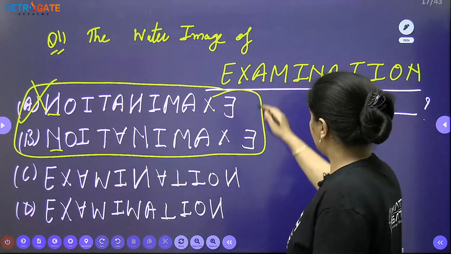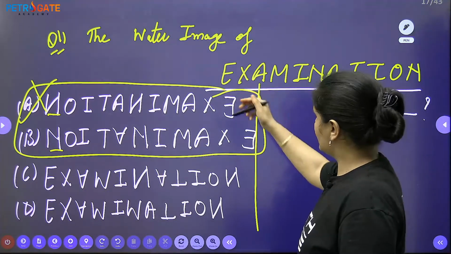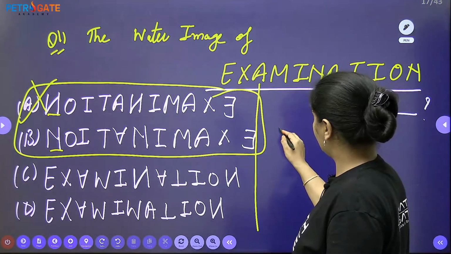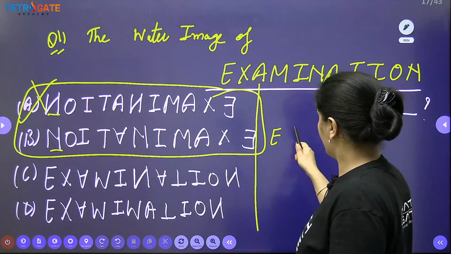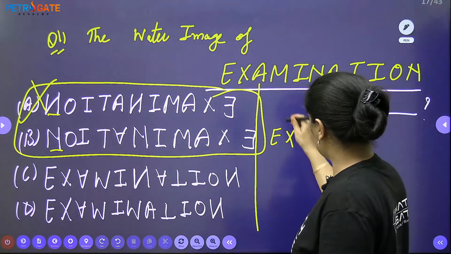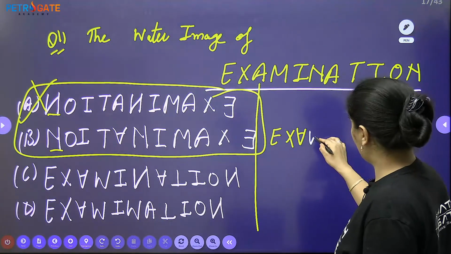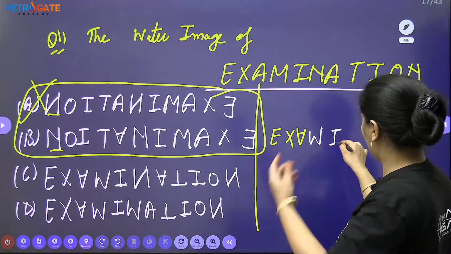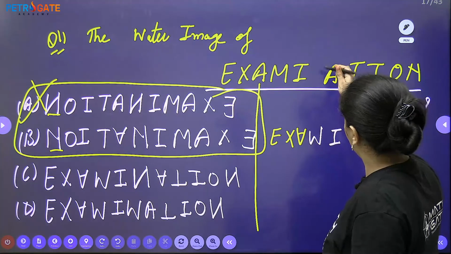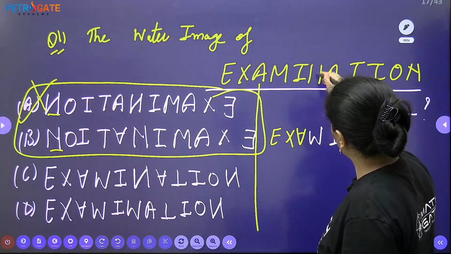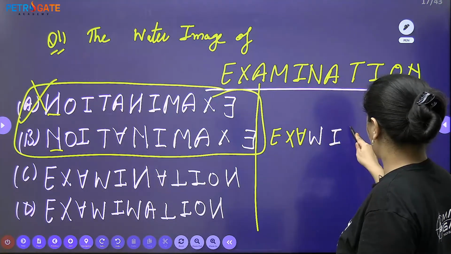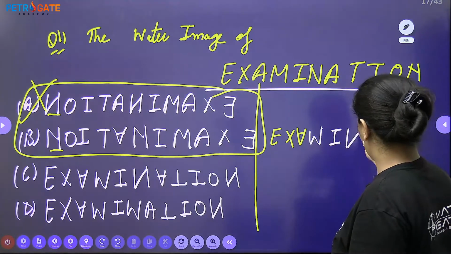Now just look here. It starts from E only. So when I write down the mirror image, it will be E. X will be X only. The A will be like this only. When we go for M, M will become W. I will be I only. N we used to write like this, so it's flipped.